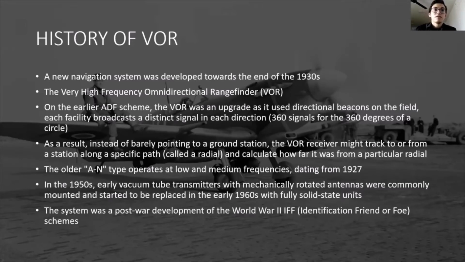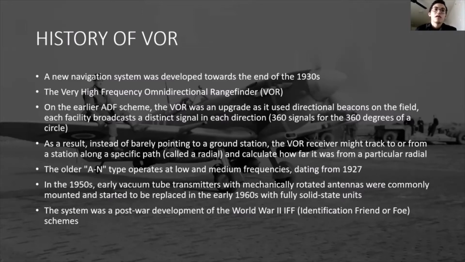And as a result of that, instead of barely pointing to a single ground station, the VOR receiver can track from a station along a specific path and calculate how far it is from that particular radio. On older AN ranges, they operated usually at a low medium frequency, and that used to be back in the late 20s.